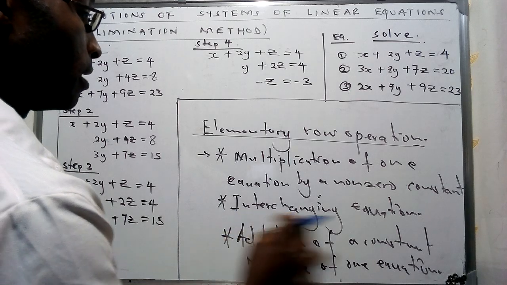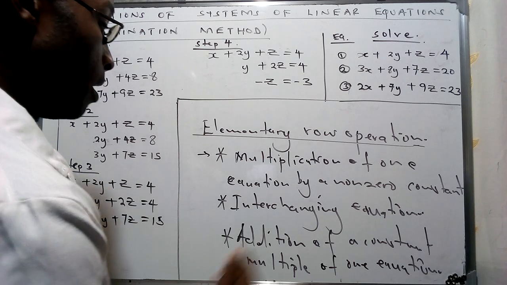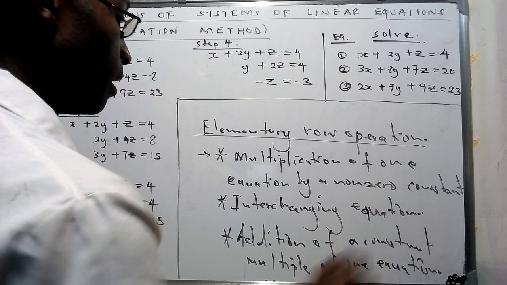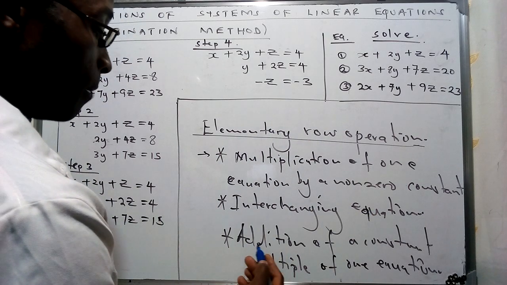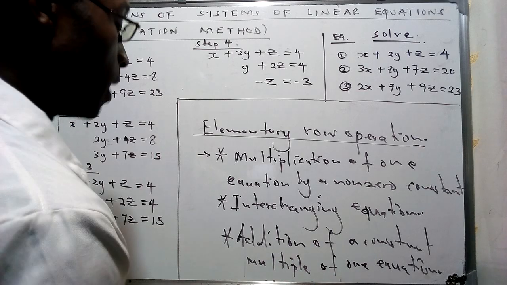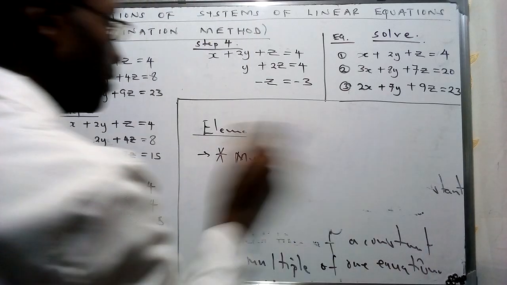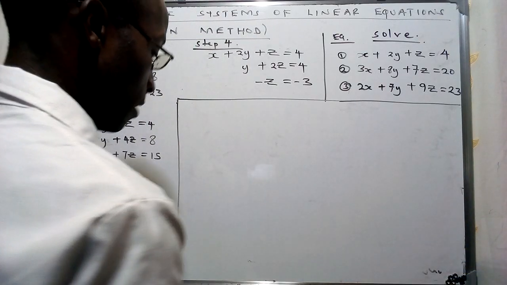Then we can interchange the equations of this specific system to achieve the results we are looking for, the known values which form the variables. We can as well perform an addition of a constant multiple of one equation to another, and this is going to be more elaborate from the specific example which I've just given on the board.